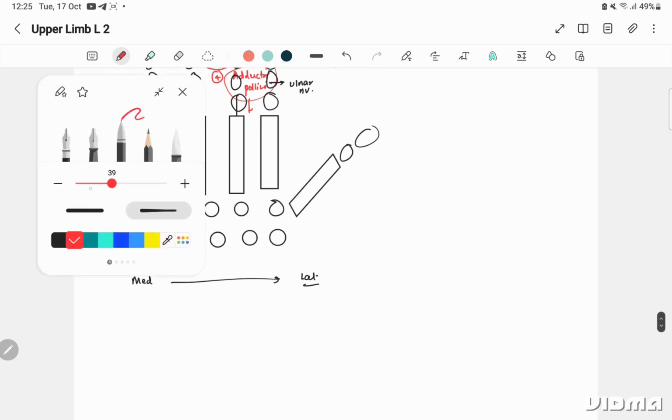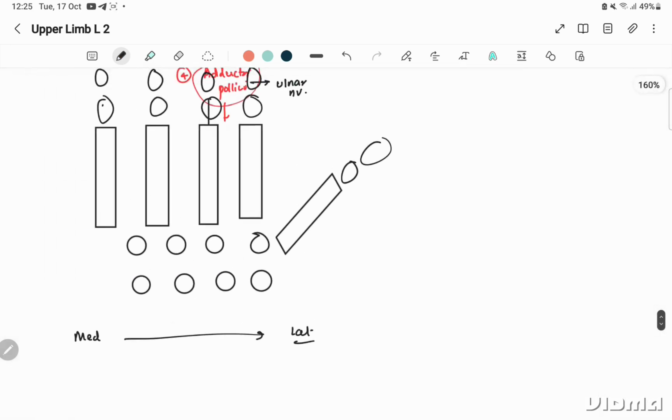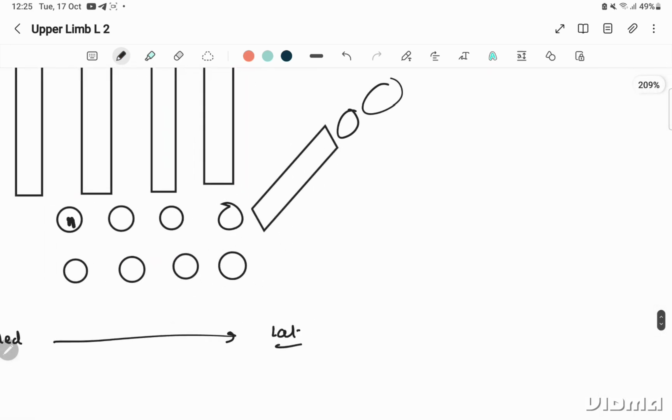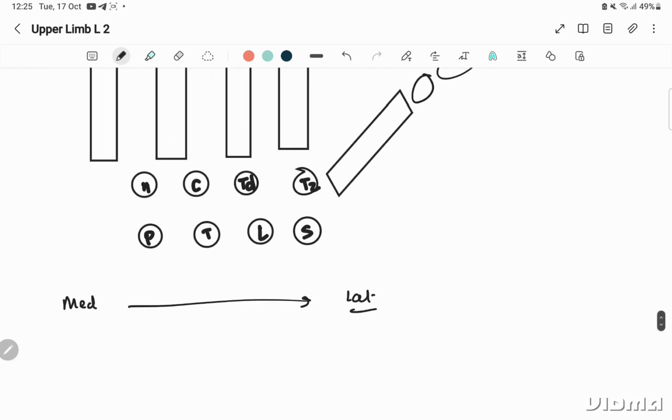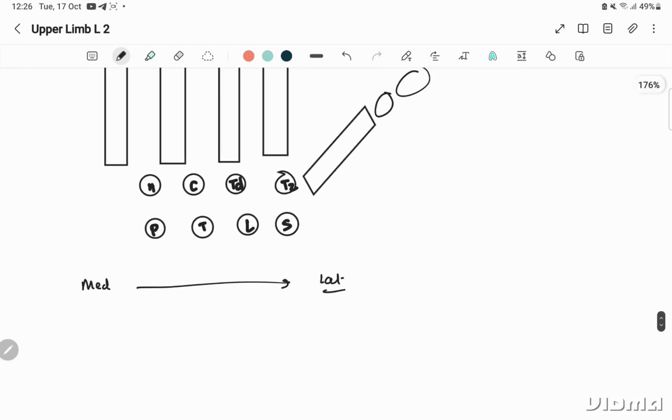These are the carpal bones. If you want me to label them, this is the hamate, this is the capitate, the trapezoid, the trapezium, and the pisiform bone, the scaphoid, lunate, and the triquetrum. So these are all the bones, and we have the flexor retinaculum extending between them like this.